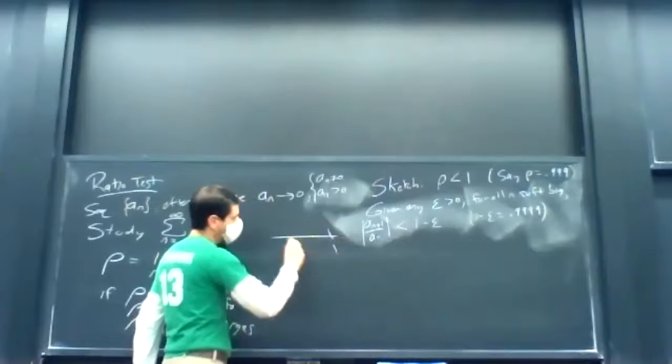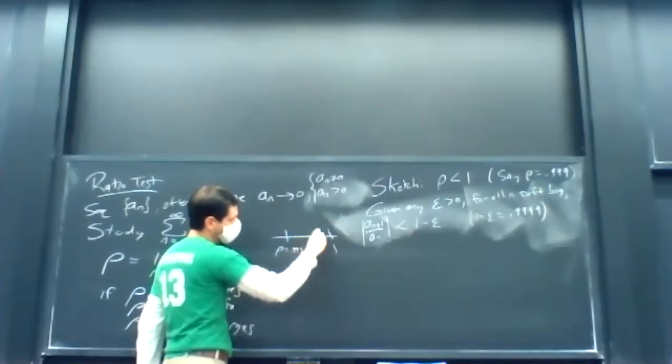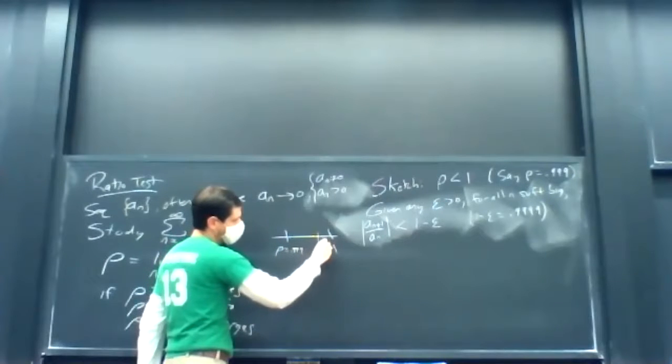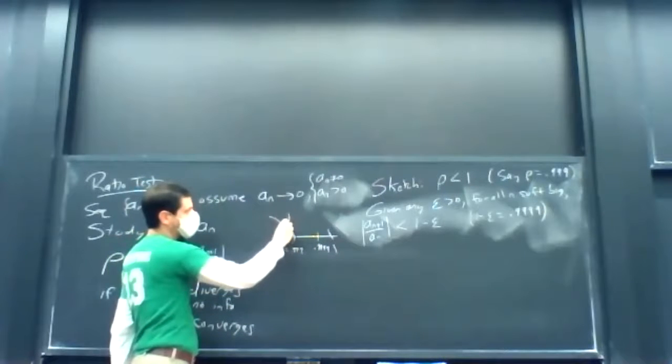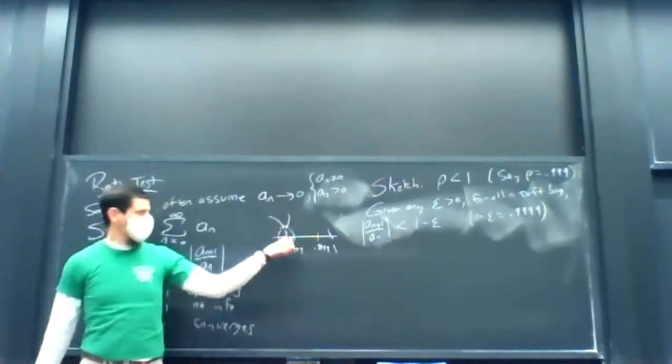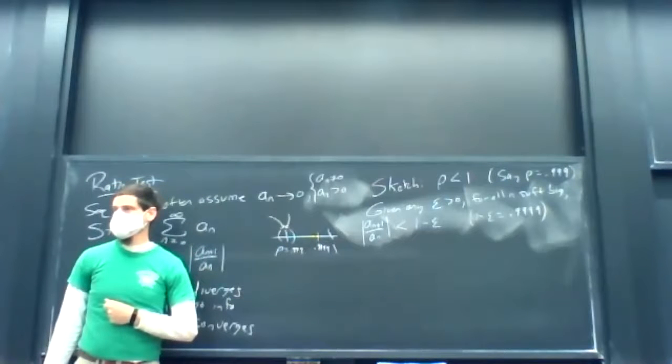So here is 1, here's rho equals 0.999, here's 0.9999. Since the limit exists, for all n sufficiently large, the ratio has to be really close to rho, so it's going to be strictly less than this.